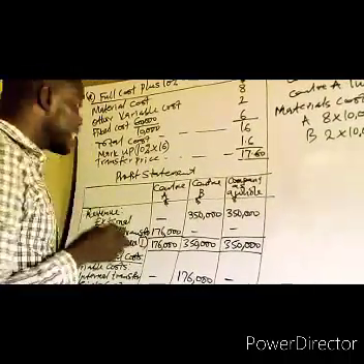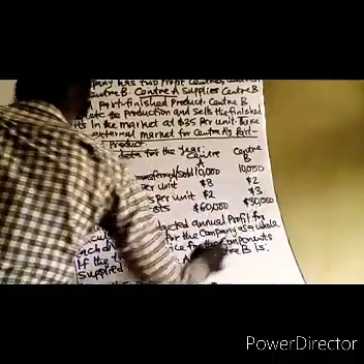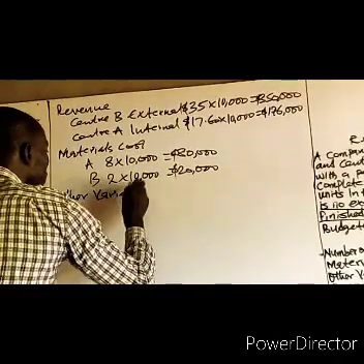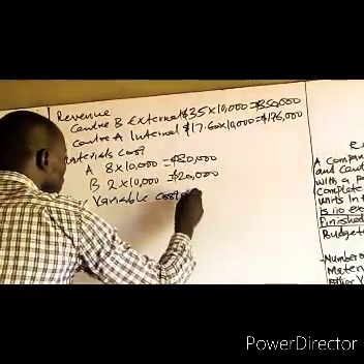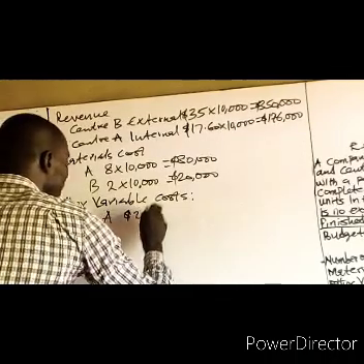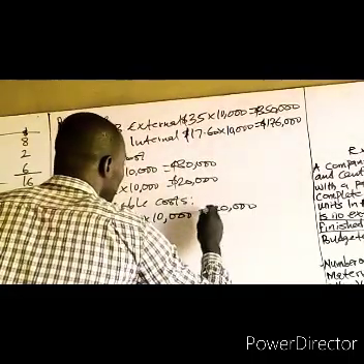Then, aside materials, we have other variable cost. For center A, we have $2, center B, $3. Other variable cost. A, we have $2 times 10,000, and that will be $20,000.